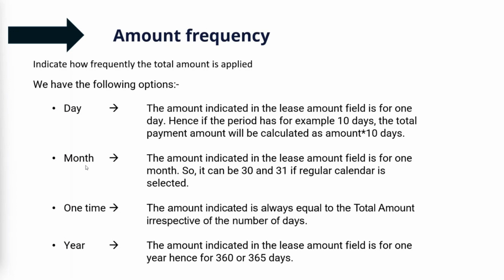If we select month, that means the amount set in the field is for 1 month, that is either 30 or 31 days, depending on the calendar chosen. If it is the 360 convention, it will be 30. And if it is the regular calendar, it might be based on the month that you select.